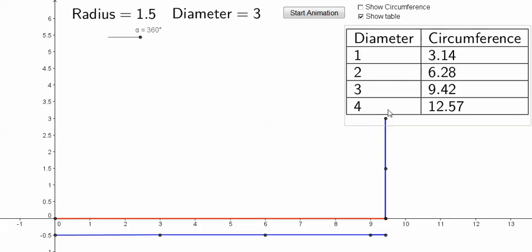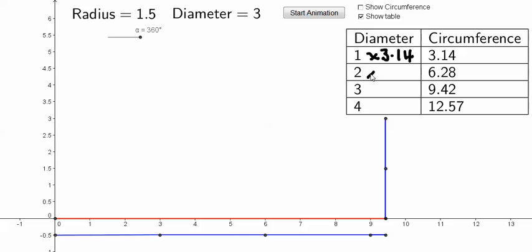Now, in each one of these cases, to get from the diameter to the circumference, all we seem to be doing is multiplying by 3.14 every time. So take 1, multiply by 3.14, and you get the circumference.